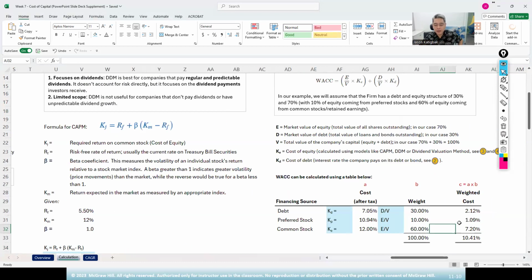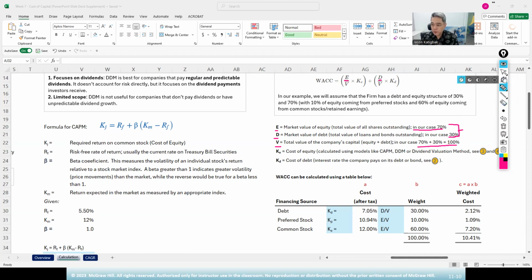Now, in our scenario, just to be sure that we're not confused, E is equity, and in our case, it's 70%. Basically, we're giving it as an assumption. D is the debt, it's at 30%. So when you add both, it's always 100%, right? Because V is the 100%. Okay?